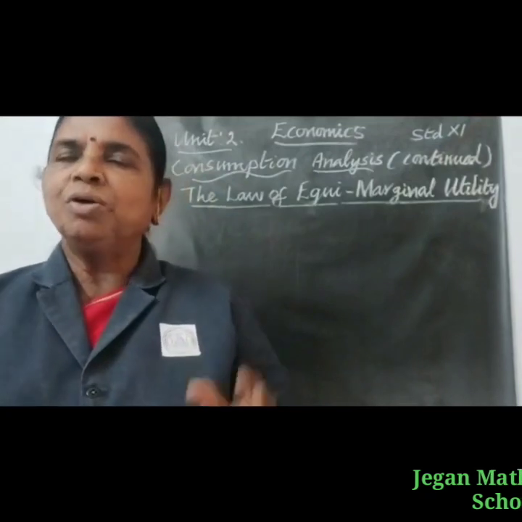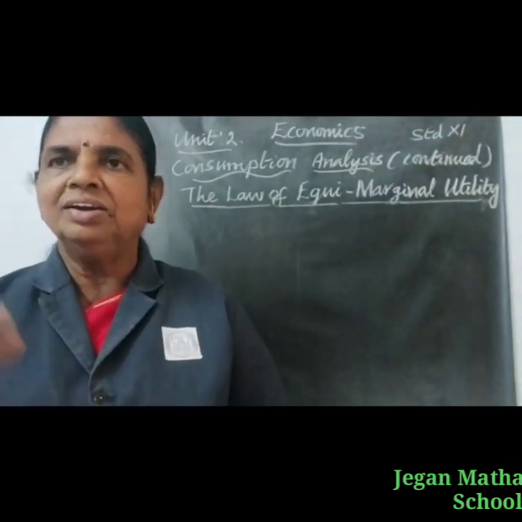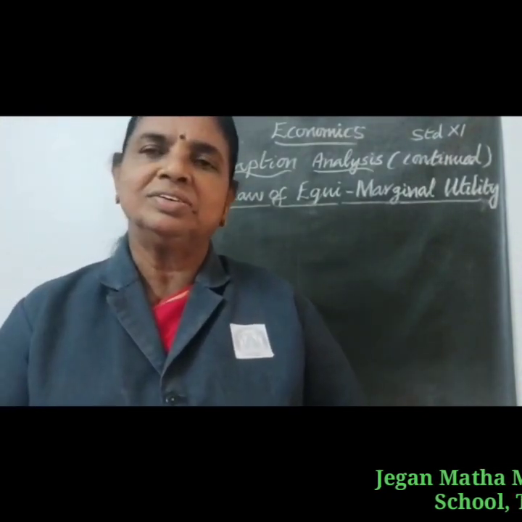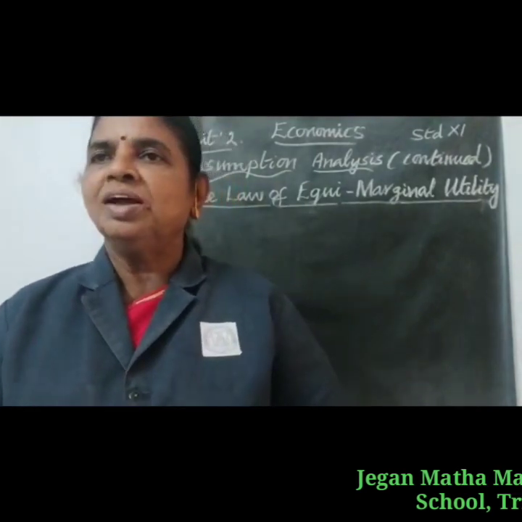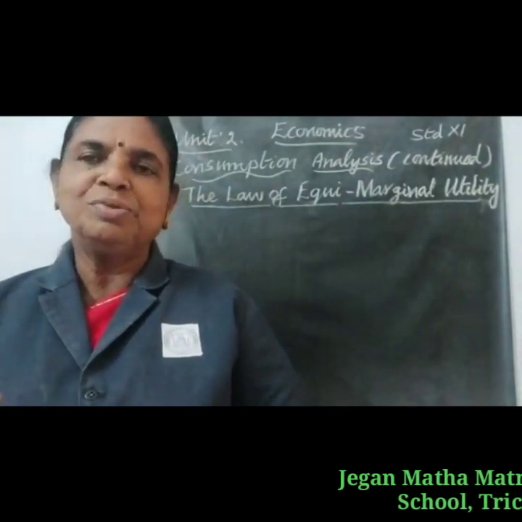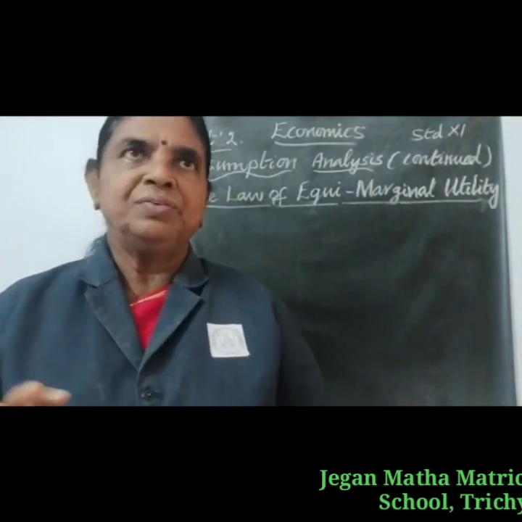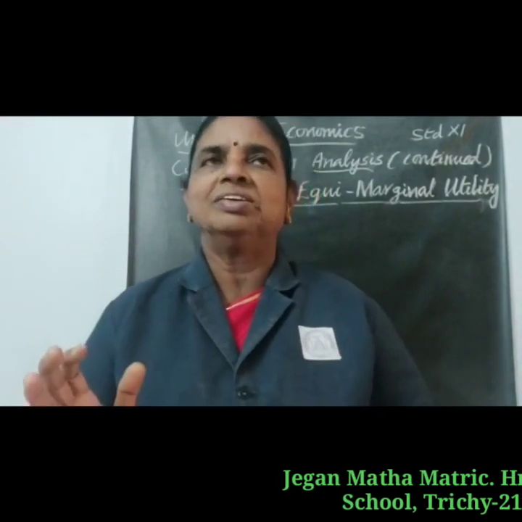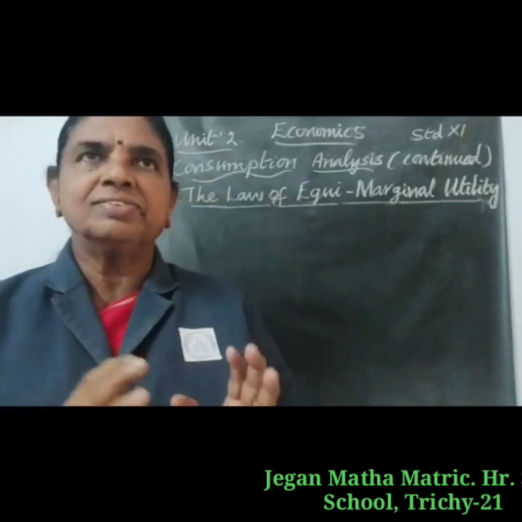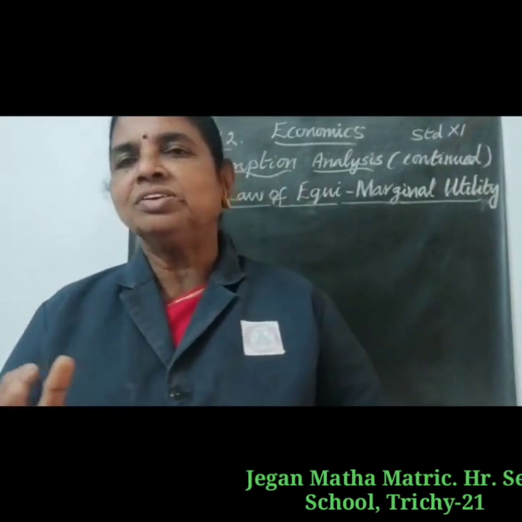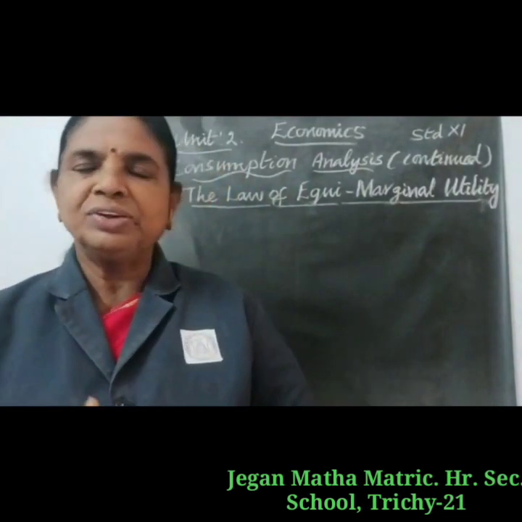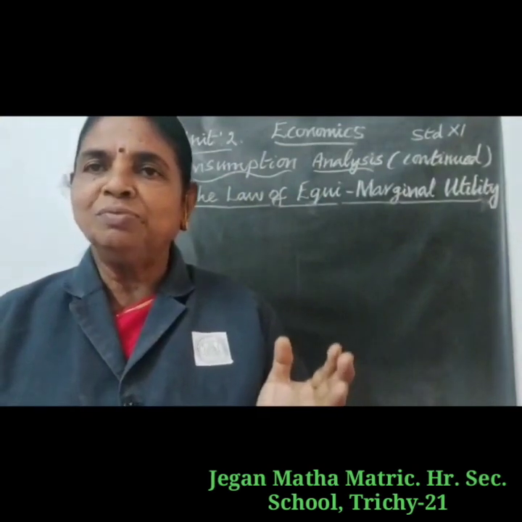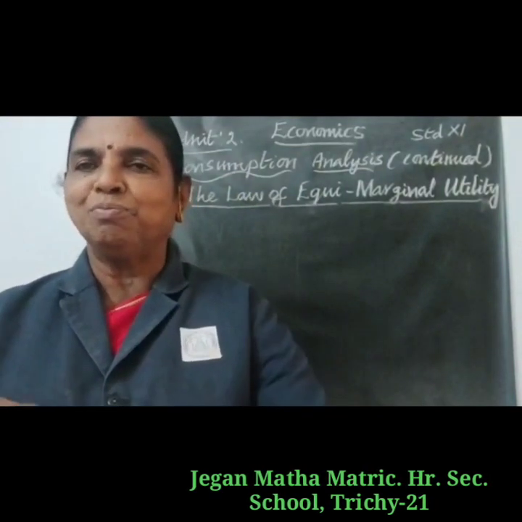Third, the marginal utility of money remains constant. Fourth, the income of the consumer is given. Fifth, there is perfect competition in the market. Sixth, the prices of the commodities are given. Seventh, the law of diminishing marginal utility operates.